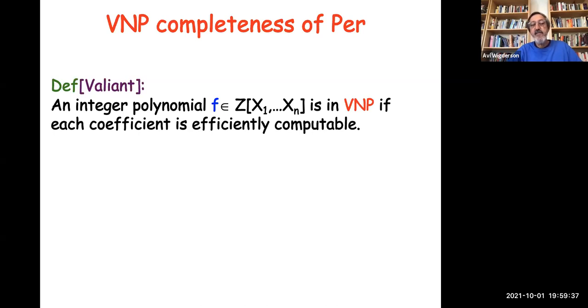The analog of verification is that if I give you a monomial description of the exponents in this multivariate polynomial, there's an efficient computation of the coefficient of this monomial. Of course, there may be exponentially many monomials, like there are exponentially many witnesses or solutions to an NP problem. We just care that each individual coefficient is efficiently computable.